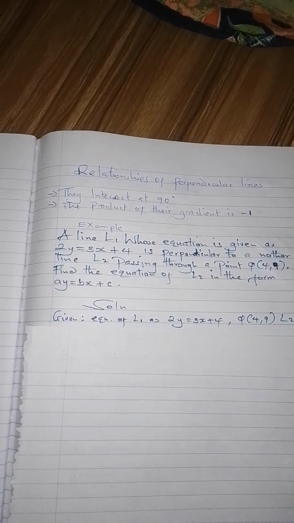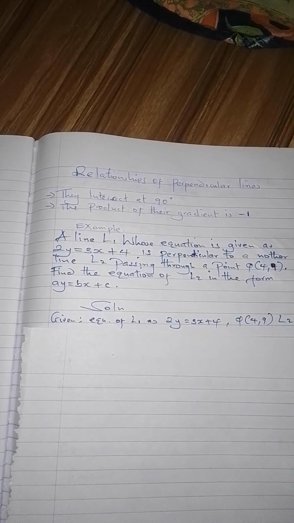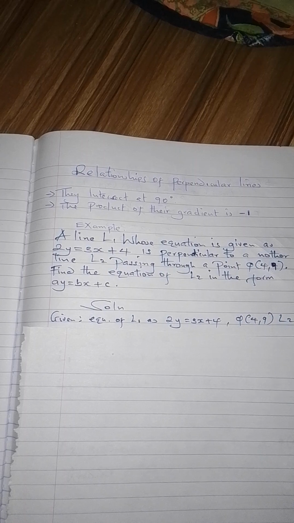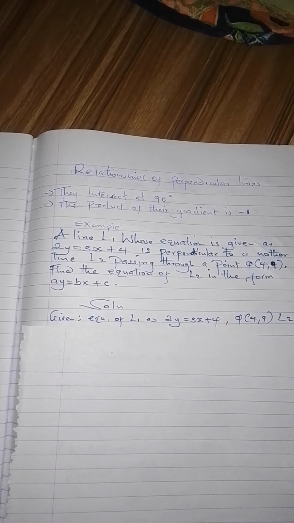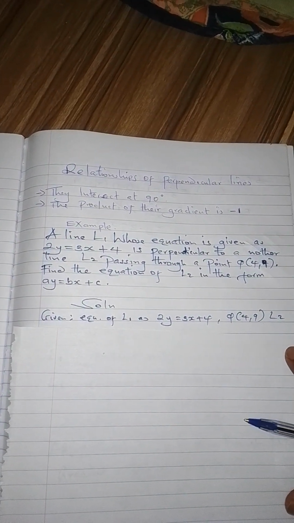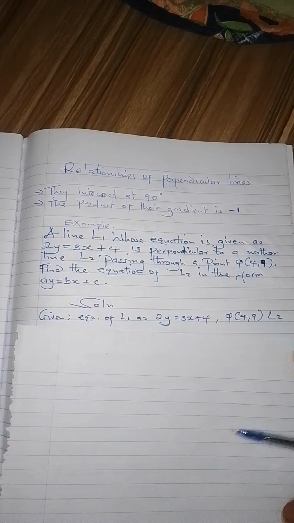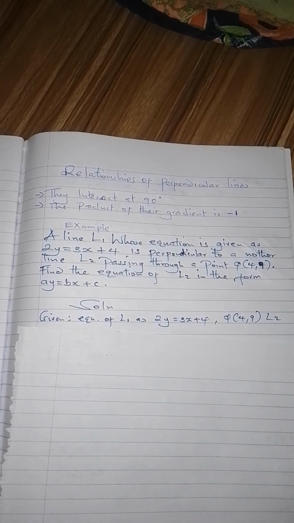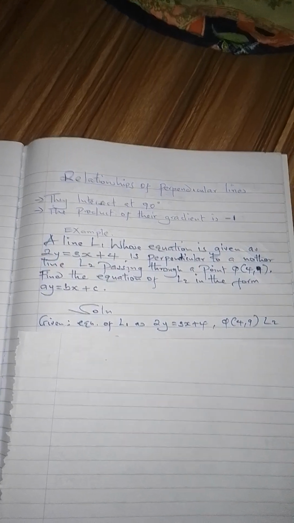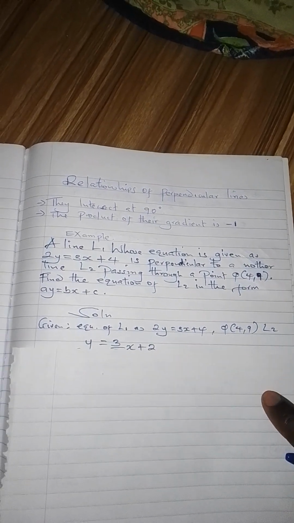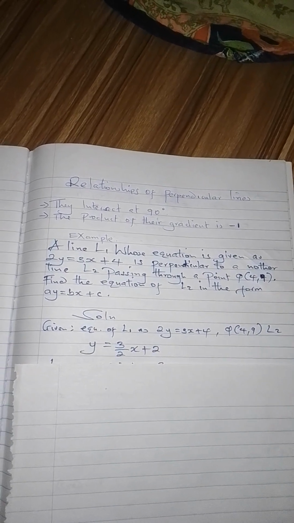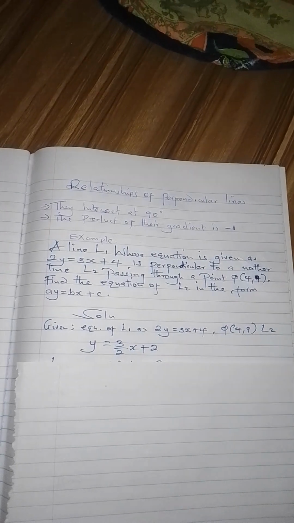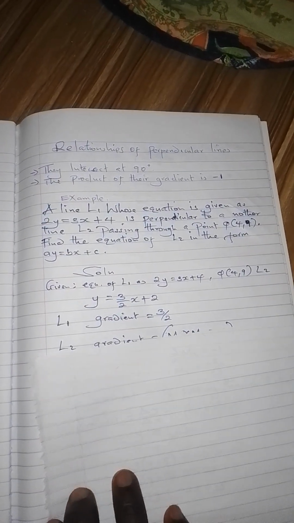We have been given the equation of L1 as 2y is equal to 3x plus 4. Then we have also been given the point Q, that is (4, 9), for line 2. Good.